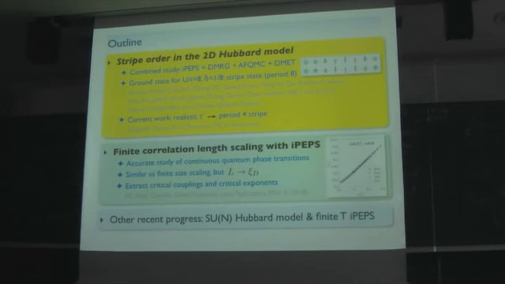And then it works in a very similar way, so we can, in a systematic way, extract critical couplings and critical exponents. So that's work together with Piotr Czarnik, Jacek Dziarmaga, and Luca Tagliacozzo, who was of course here this week but had to leave this morning.